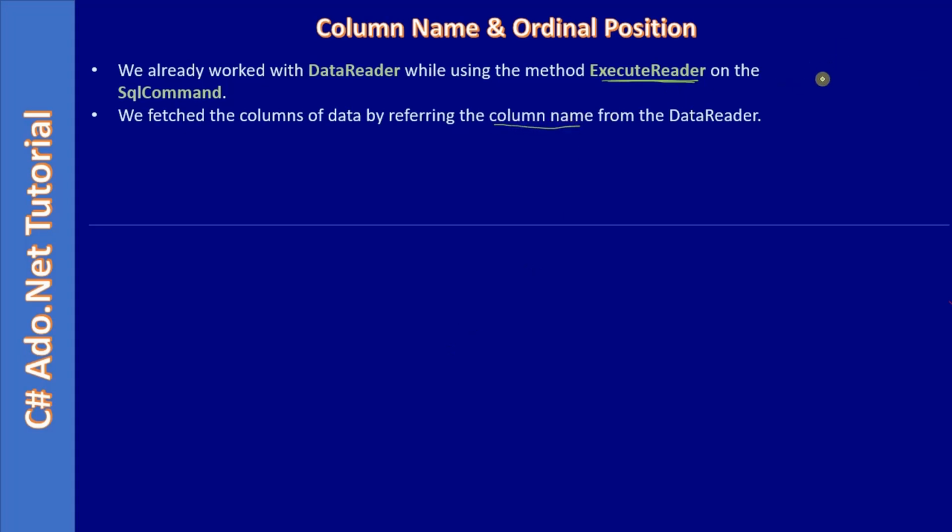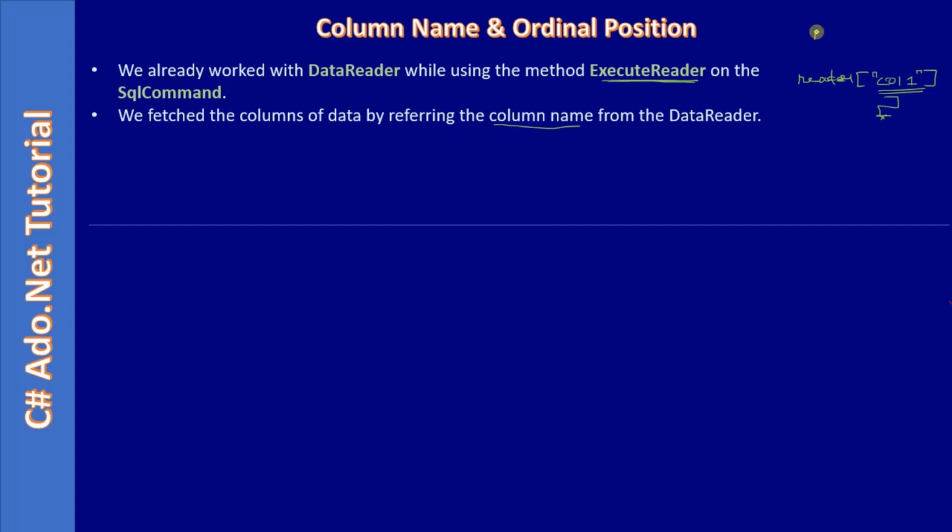Say for example, if we have the reader object, let's name it reader, then within square brackets we specify the column name, right? The named notation returns data by referring to the specific column. But the column name needs a comparison when picking the data from the rows.